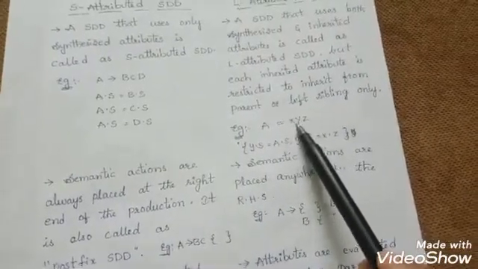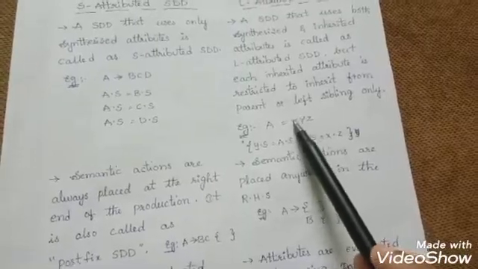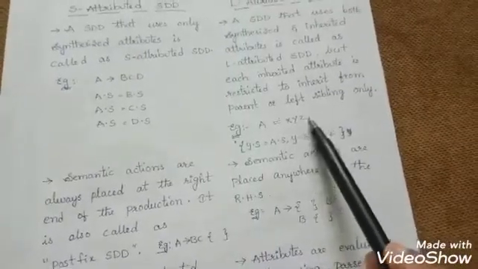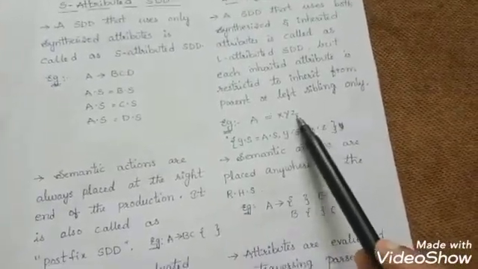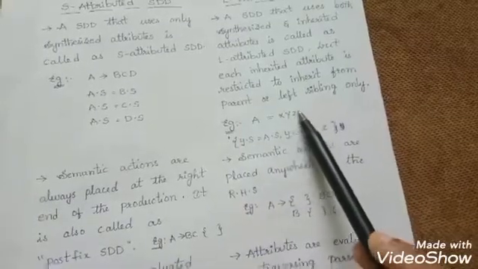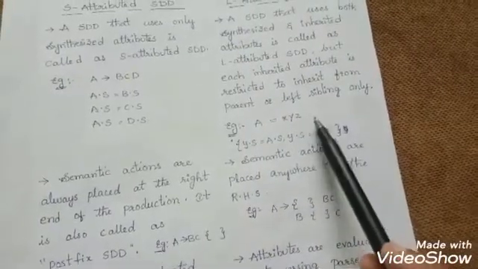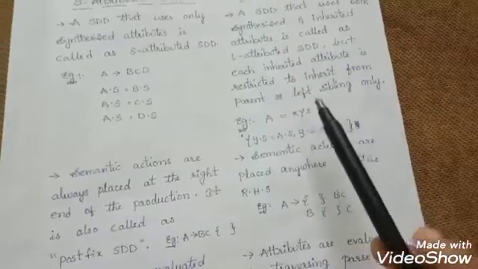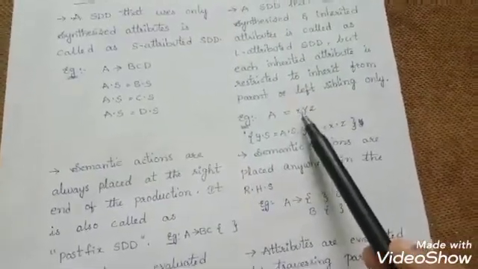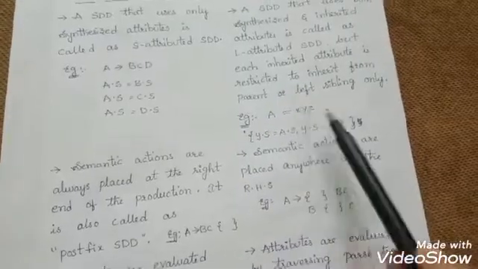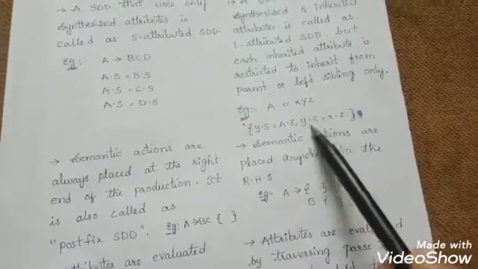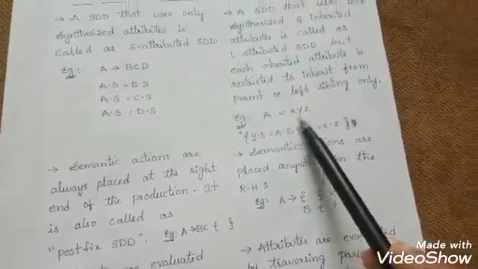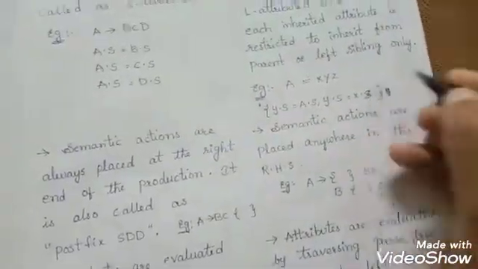For Y, the left sibling is X. Y.S equal to Z.S cannot be considered because Z is the right sibling of Y. So we need to consider only the left sibling values. Sorry, here it is written as Z, it is S.